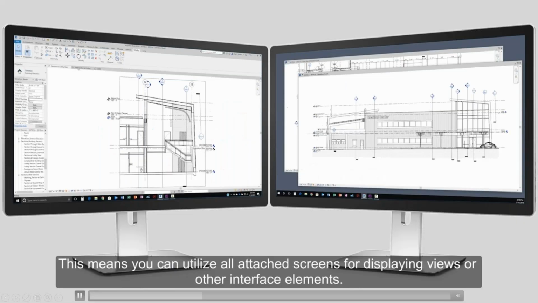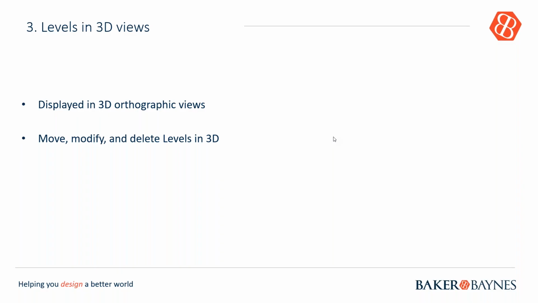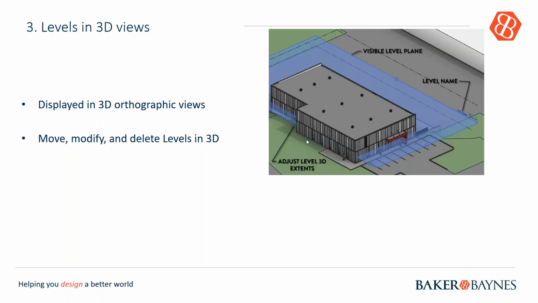Okay, so the third one is levels in 3D. Basically, what you can do now is activate the visibility of levels in your visibility graphics menu of all the 3D views. As you see in my image, you'll see the levels in actual 3D.